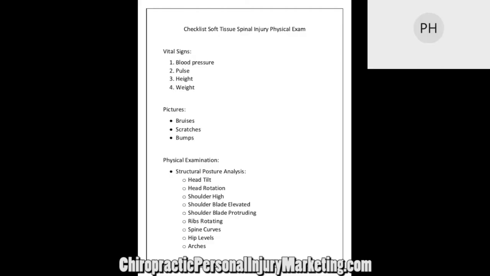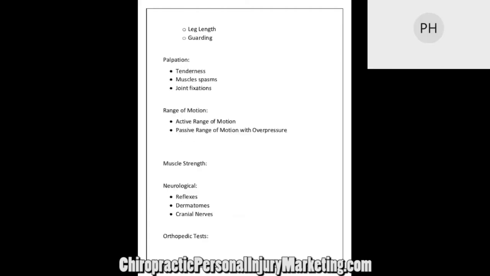The basic biomarkers to look at are head tilt, head rotation, shoulder high, shoulder blade elevated, shoulder blade protruding, ribs rotating, spinal curves, hips level, arches, leg length, or guarding. Those are the most common structural factors to evaluate. And remember, any of those categories would just be secondary supportive at MMI.